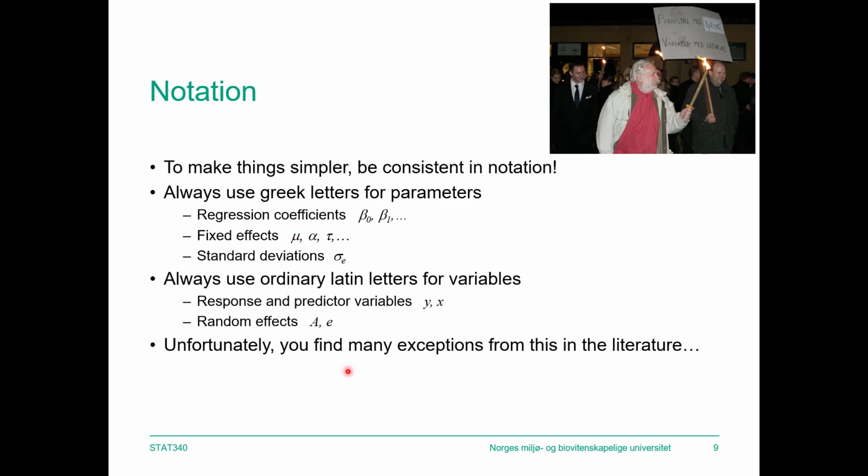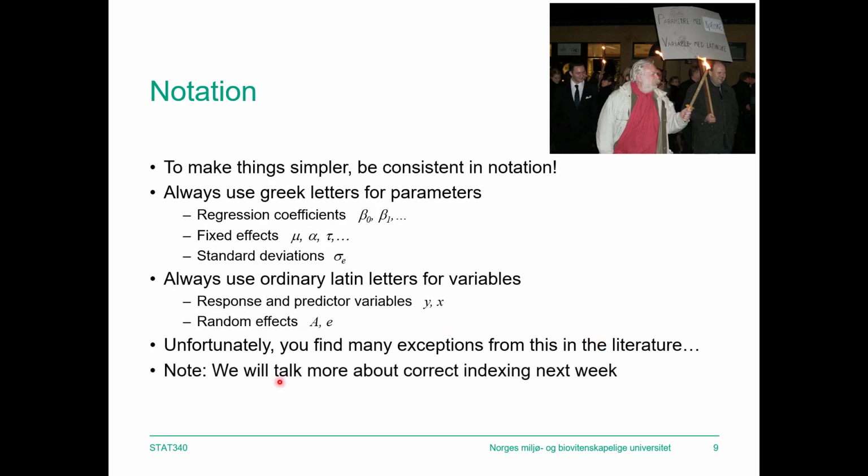I mean, it's not illegal, of course, right? But it adds confusion. So if you see a model, you don't know, is this effect a fixed or a random effect? You have to specify that, right? But if you use this rule here, it becomes apparent immediately. I think this is a nice rule to stick to.